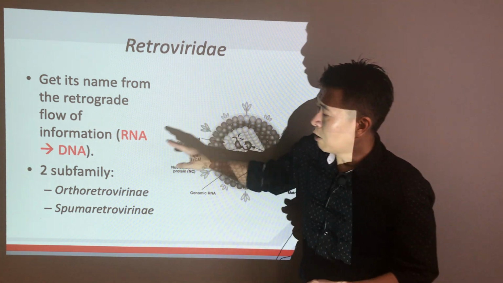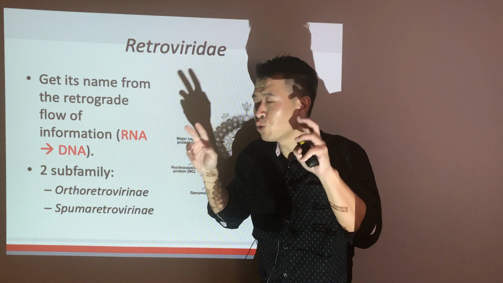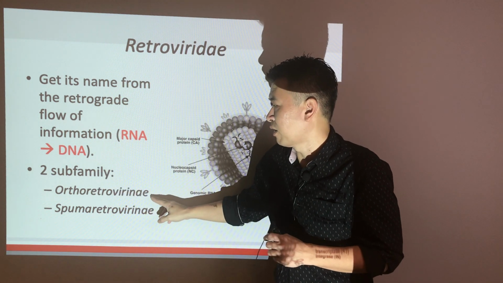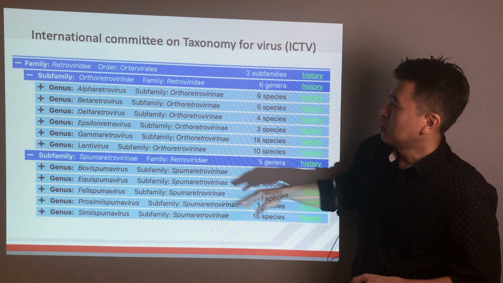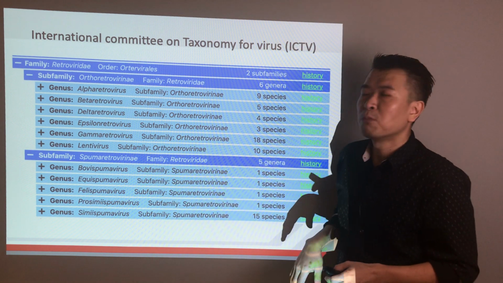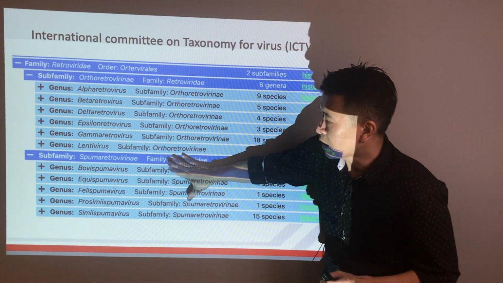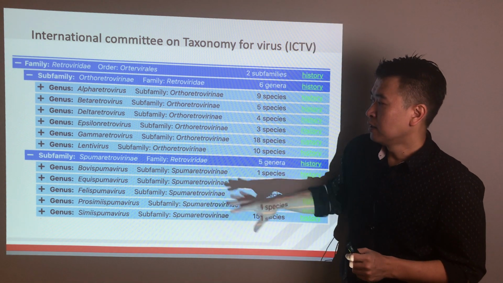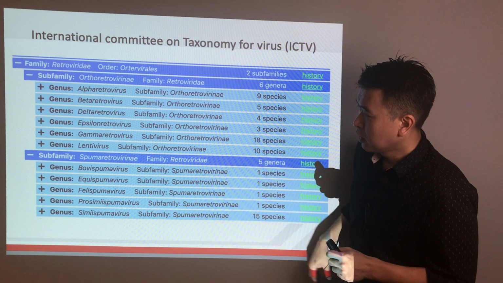Now in this Retroviridae, we have two subfamilies: Orthoretrovirinae, meaning true retroviruses, and Spumaretrovirinae. Let's look at the Spumaretroviridae. This is a relatively new group of viruses that are being investigated.